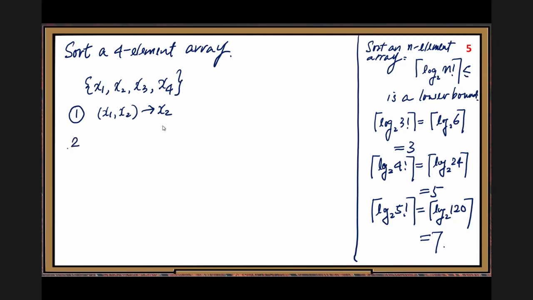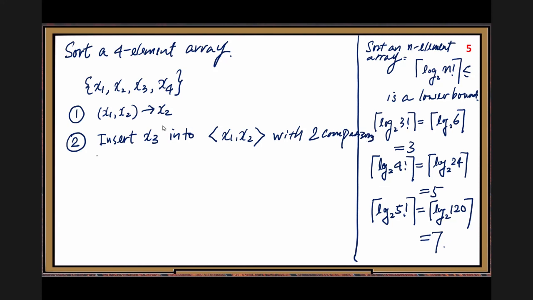Second, insert x3 into the ordered array x1, x2, with two comparisons for the worst case.